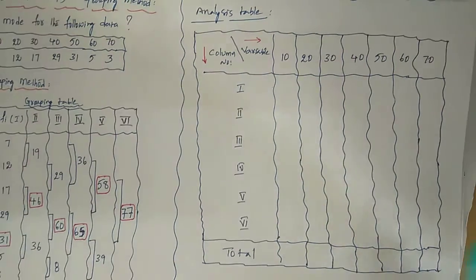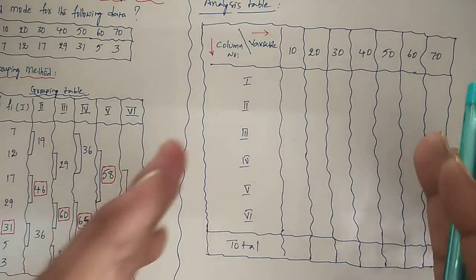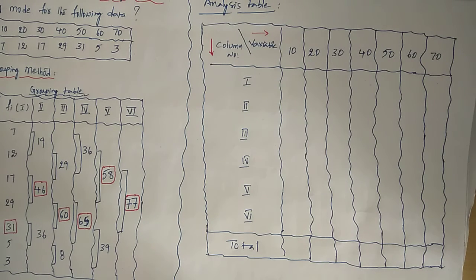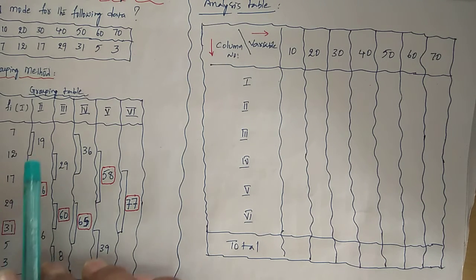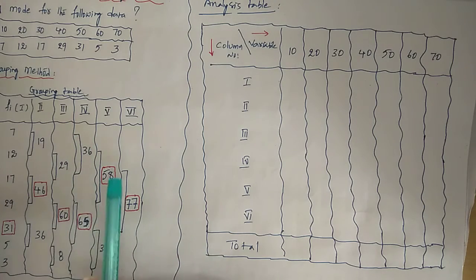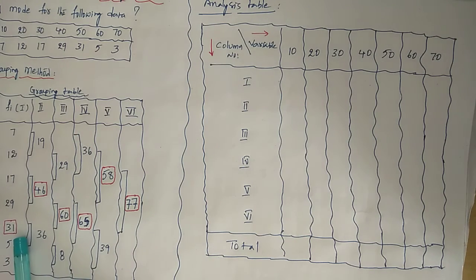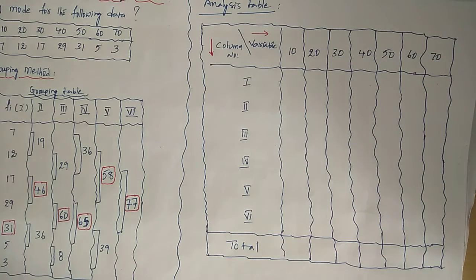Now, how are you going to fill up the analysis table? The analysis table you are going to fill up by carefully studying the grouping table itself. How to do that? All of you carefully observe.